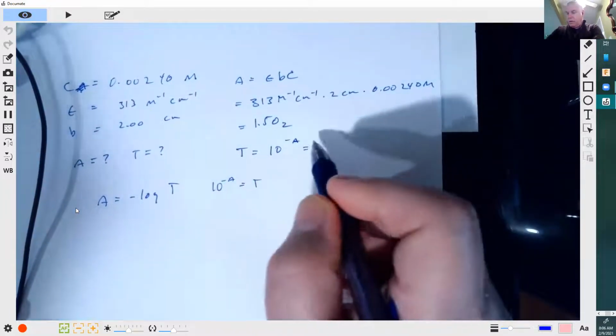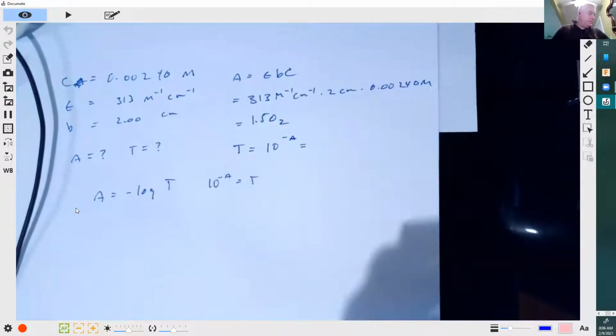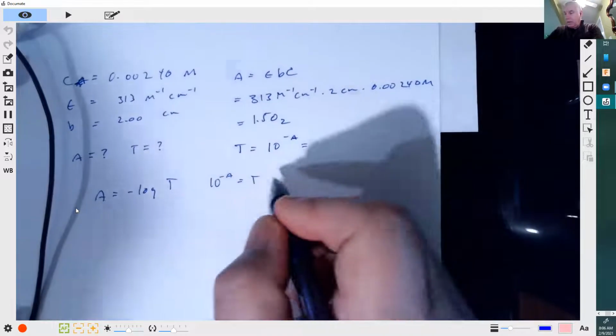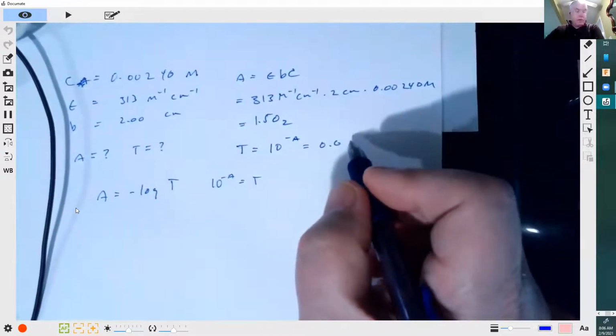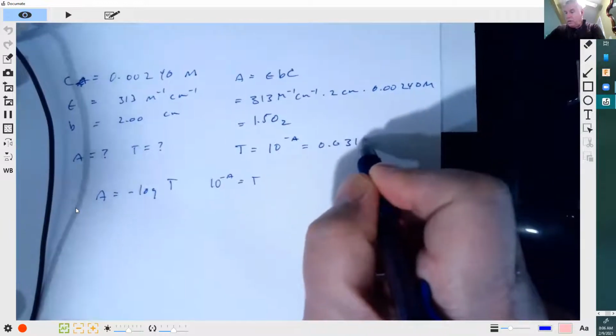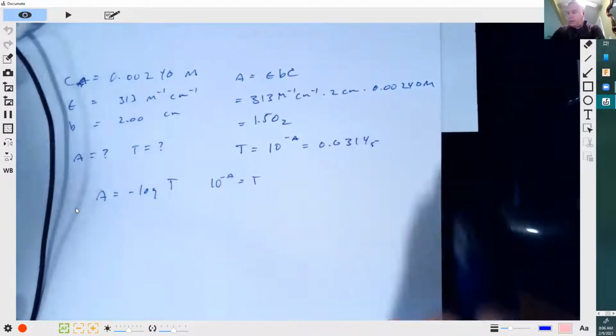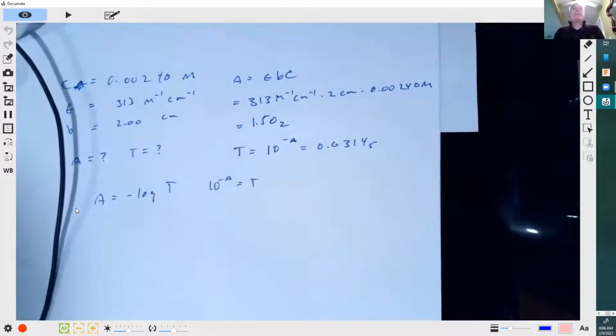And so this will equal 0.03145. So that's how we do that.